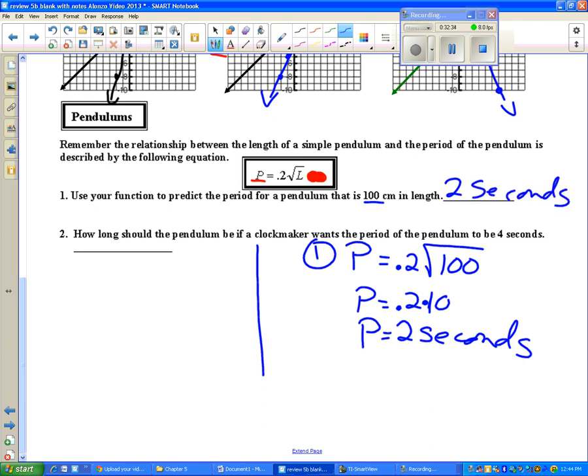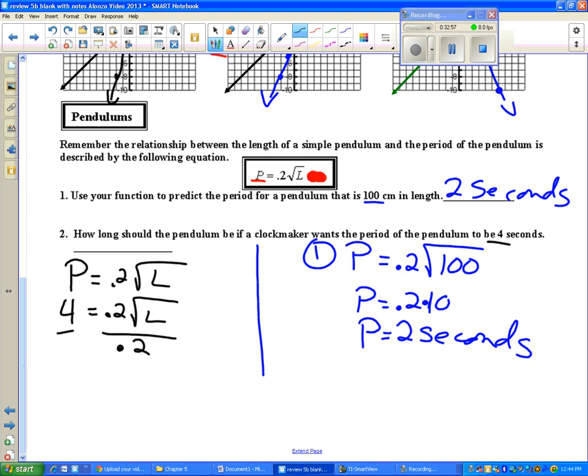Okay? Now, number 2. How long should the pendulum be if the clockmaker wants the period of the pendulum to be 4 seconds? So my period is equal to 0.2 square root of L. I want my period to be 4. So this is 4 equals 0.2 square root of L. I need to get L by itself, so I'm going to divide by 0.2 on both sides.